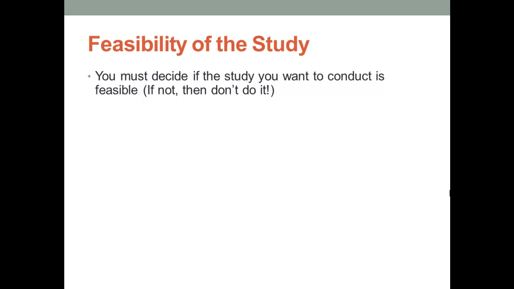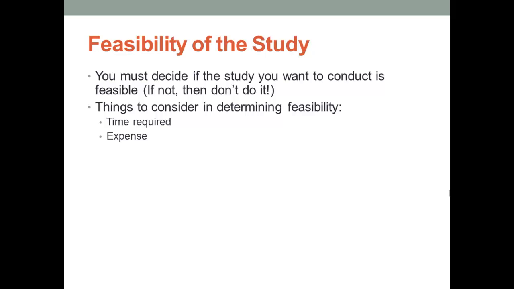Before deciding whether to carry out your research project, you must decide whether it would be feasible to conduct. You should do this as early as possible so you don't waste your time. This means you must design a research study that can be carried out given your available resources such as time, money, access to people, and other things.